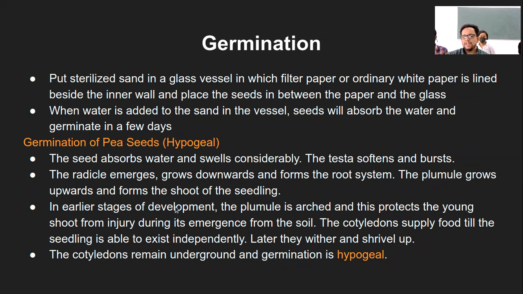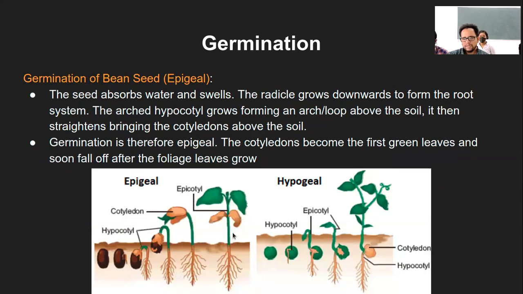This will protect the young shoot from injury, so it does not directly push through the soil. You can see here the leaf growing, and then it will lift up slowly. The main thing you have to remember in hypogeal is that the cotyledons are below the ground.